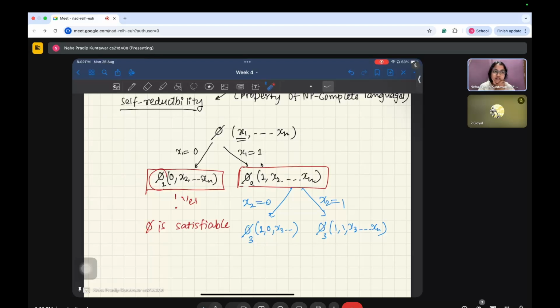So for example, the minimum circuit size problem. It's not intuitive why solving for a smaller circuit will give you a solution for a bigger circuit, or it's not clear how. In this case it joins up very obviously, it's just an OR of those two, but there it's not clear what to do. Even graph isomorphism may not be trivial, so even if you get solutions to smaller graphs.